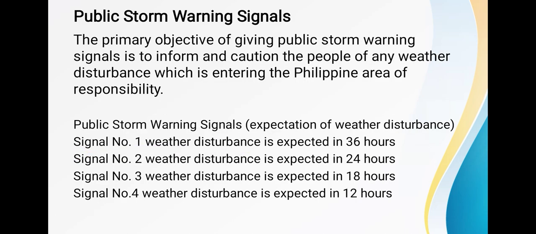So how are we going to do a public storm warning signal, or when should this public storm warning signal be raised? Again, PAGASA, the government agency, is the one responsible for raising typhoon warning signals. Once it reaches the Philippine Area of Responsibility, we are concerned with it.